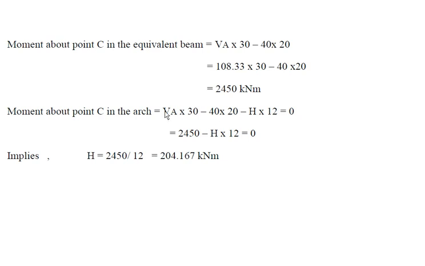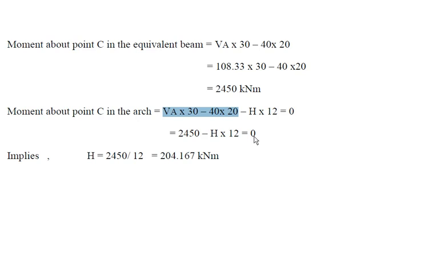Up to this it is nothing but the moment about C in the equivalent beam, and the value is 2450. So the moment about point C in the arch is equal to 2450 minus H into 12, and we know that the moment about point C in the arch is 0.